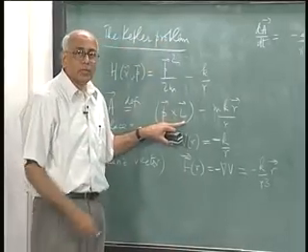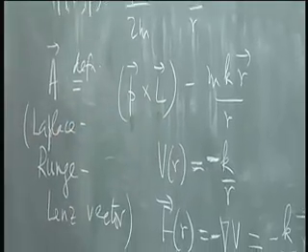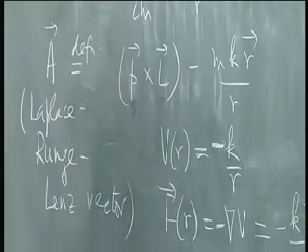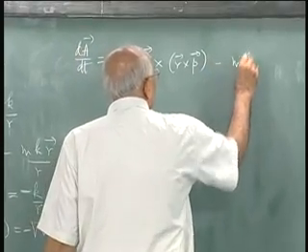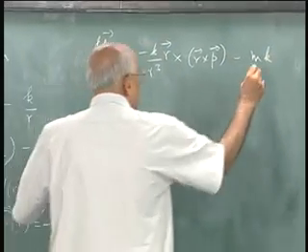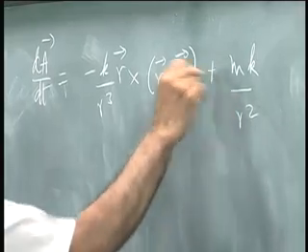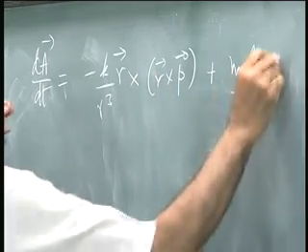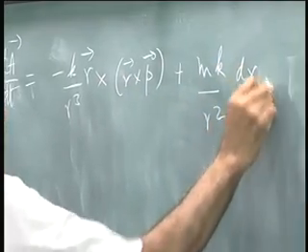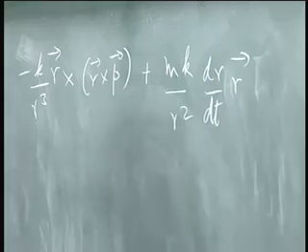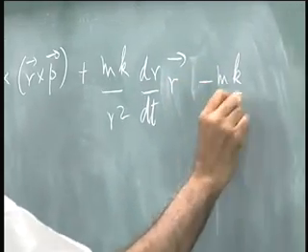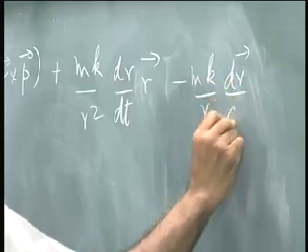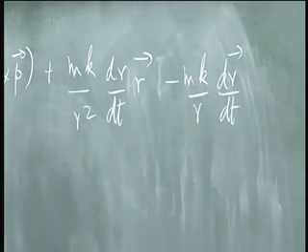And then the next term is p cross dL over dt, but that is 0 because dL over dt is 0, L is a constant of the motion. And then the next term is minus mk, and I differentiate this, so you get an r squared and that becomes a plus dr over dt r, and then minus mk over r dr vector over dt.